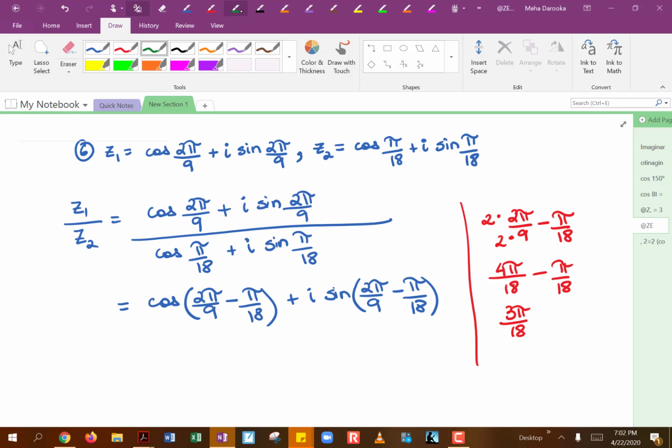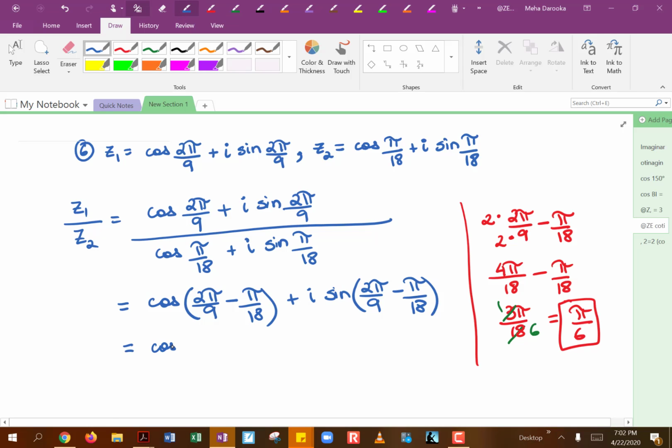Of course you will see 3 goes into itself once, 3 goes into 18 6 times, so this will end up becoming pi over 6.